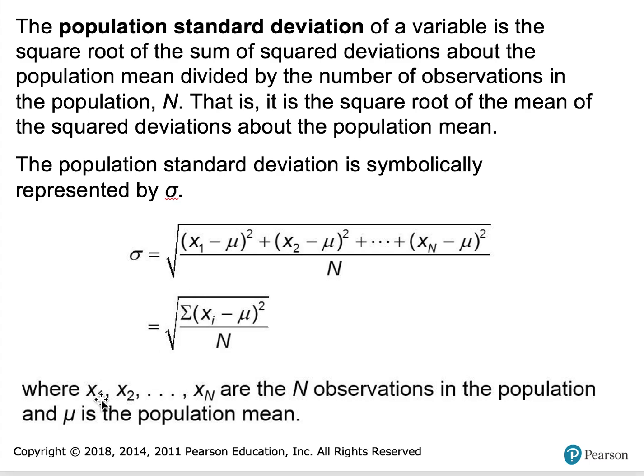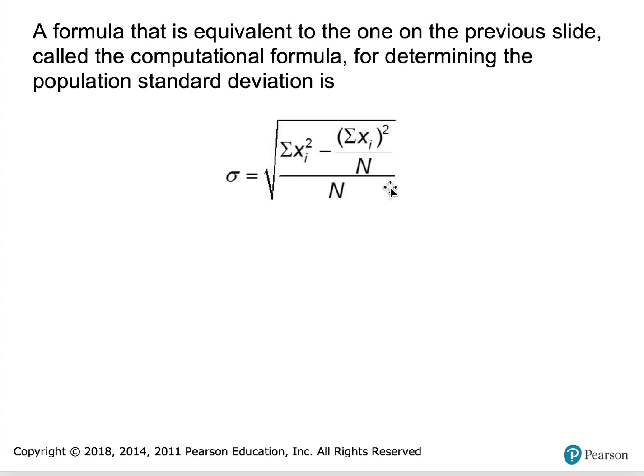Of course, our x sub 1, x sub 2, dot, dot, dot, x sub n are our actual observations. Now, we also have a different formula. It's equivalent to the same one; it just had some algebra done on it. They call this the computational formula. So we could also use this to find the standard deviation for the population, sigma.